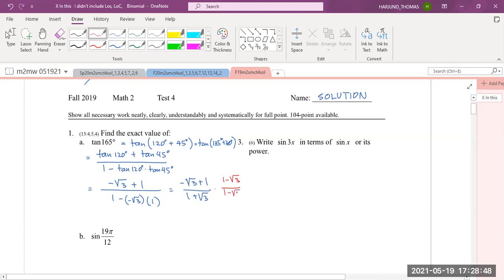On the top I will get 3 minus 2 radical 3 plus 1 over 1 minus 3. That's 4 minus 2 radical 3 over negative 2. That's negative 2 plus radical 3.